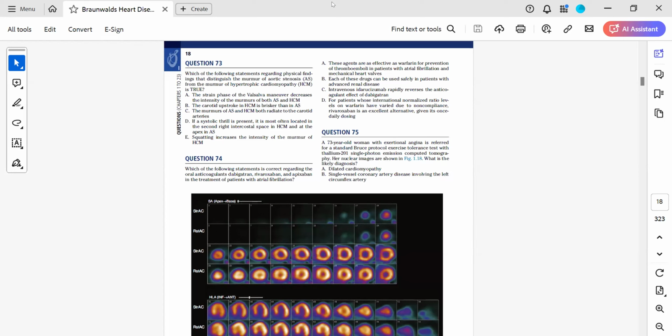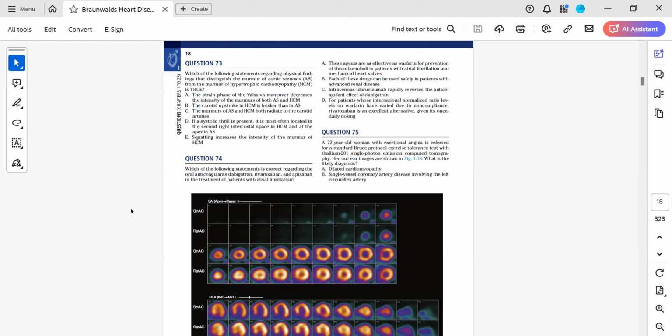The next question is 74. Which of the following statements is correct regarding the oral anticoagulants dabigatran, rivaroxaban, and apixaban in the treatment of patients with atrial fibrillation? A. These agents are as effective as warfarin for prevention of thromboembolism in patients with atrial fibrillation and mechanical heart valves.